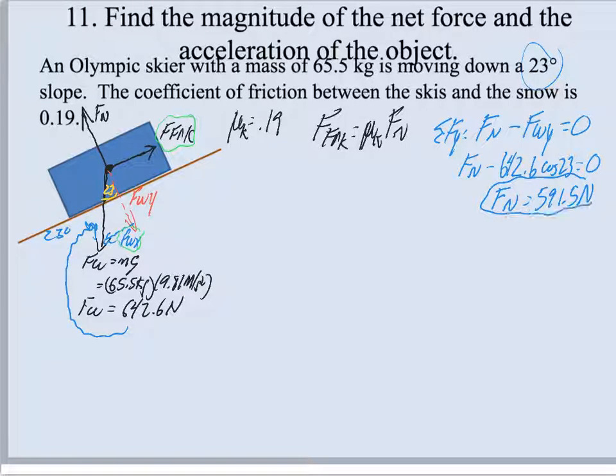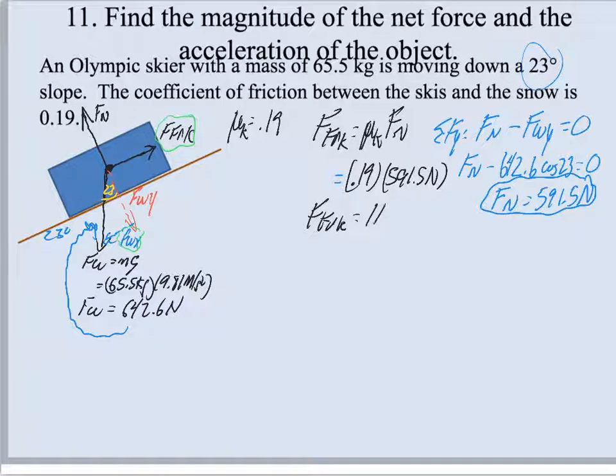Now I can take that normal force and I can use it to plug in to find friction force. So let's do that. The mu k was given, it was 0.19. Normal force is 591.5 newtons. So the friction force is going to equal 0.19 times 591.5.